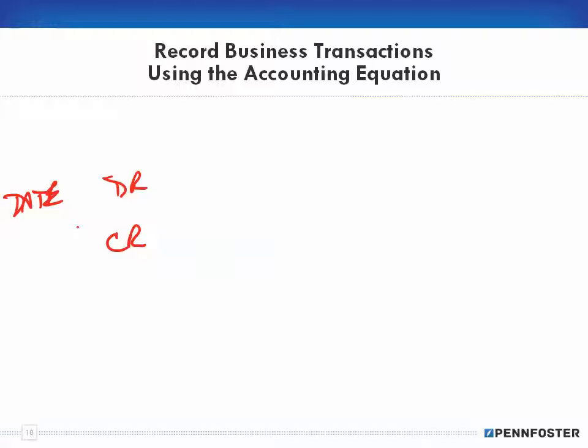So the answer to the question, am I affecting cash, is no. If I'm affecting cash and I answer yes, then I know I'm going to either debit or credit cash and figure out the last half of the entry. But in this case, I'm not affecting cash, so the answer is no.